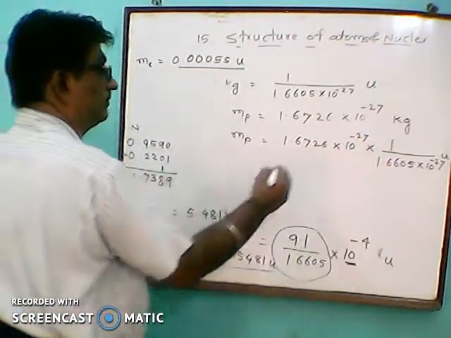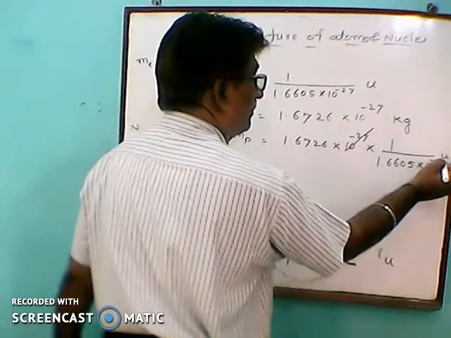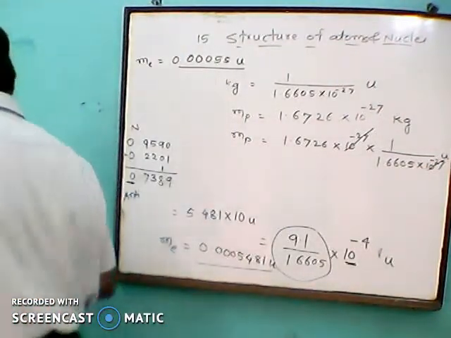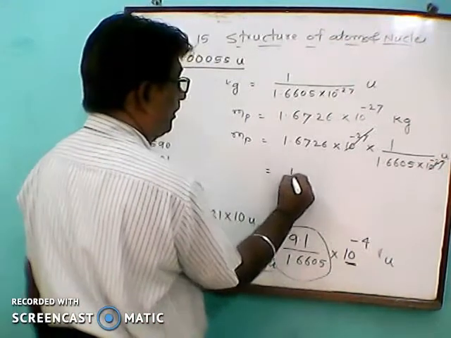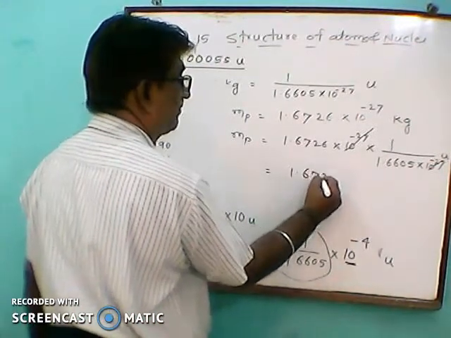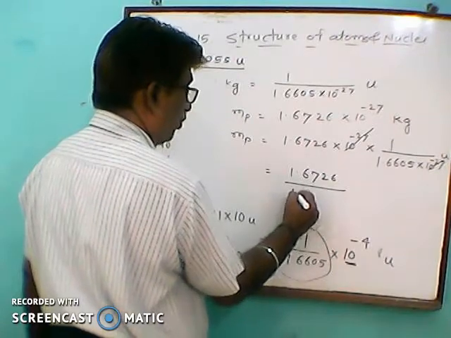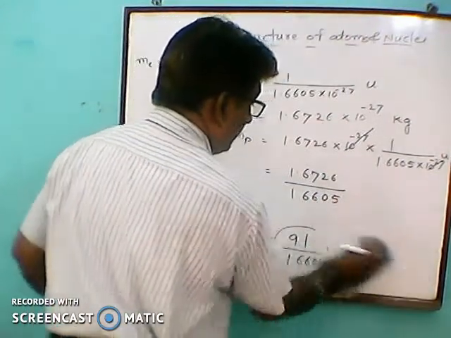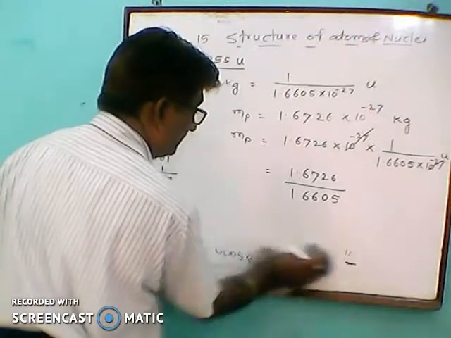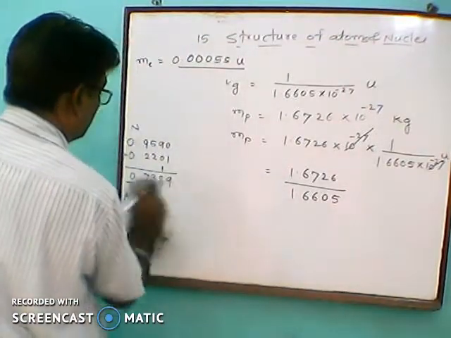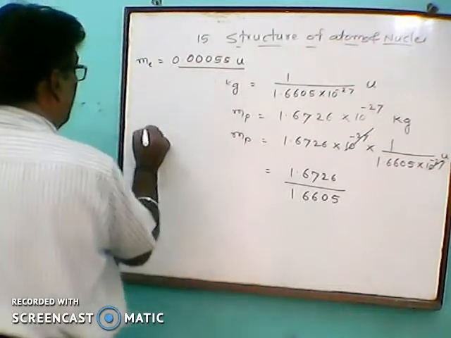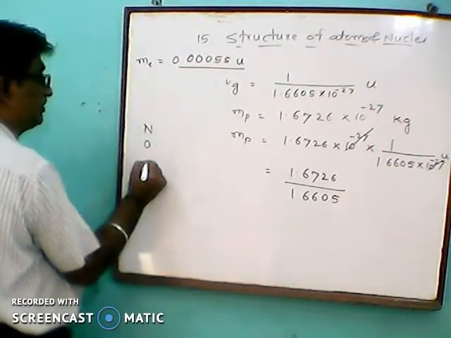The 10 to the power minus 27 gets cancelled, so its value is 1.6726 upon 1.6605. Calculating by logarithm, the numerator and denominator both have characteristic 0.